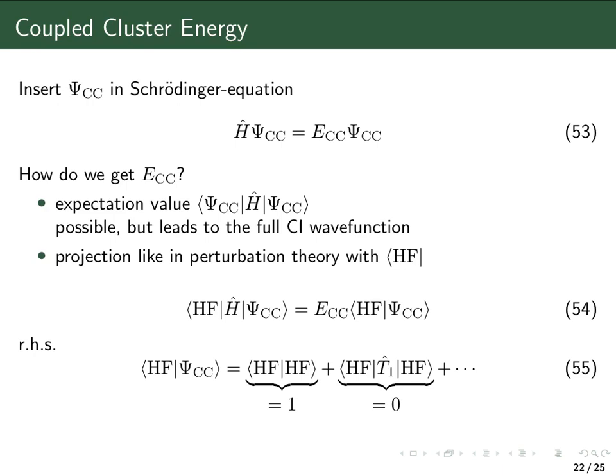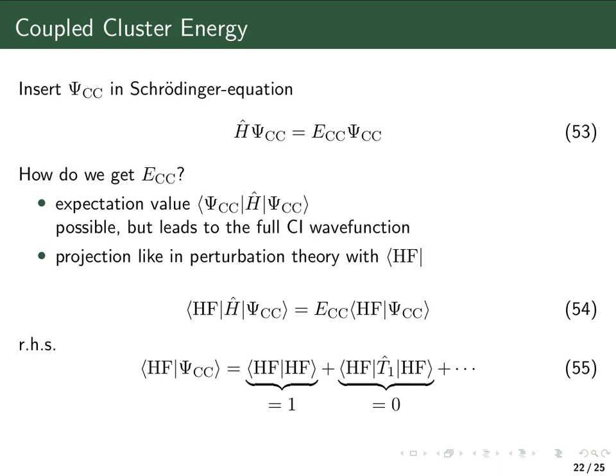The next term, if we take the expansion where I group the terms together according to their excitation level, is T1 acting on Hartree-Fock. That gives me all singly excited determinants, which are different from the Hartree-Fock determinant, and this is just an overlap integral.